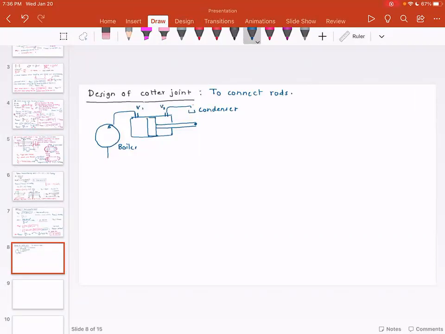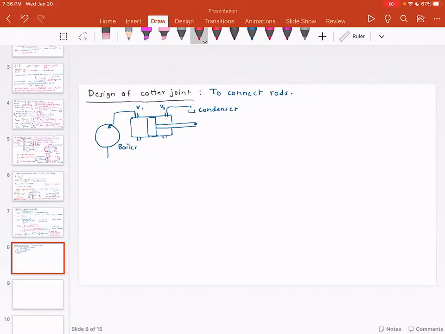They open and close sequentially so that the hot steam can enter on one side and then maybe exit on the other side. So depending upon the design of the steam engine, you could have a single acting, which means the steam goes only from one side and exhausts from the other side.